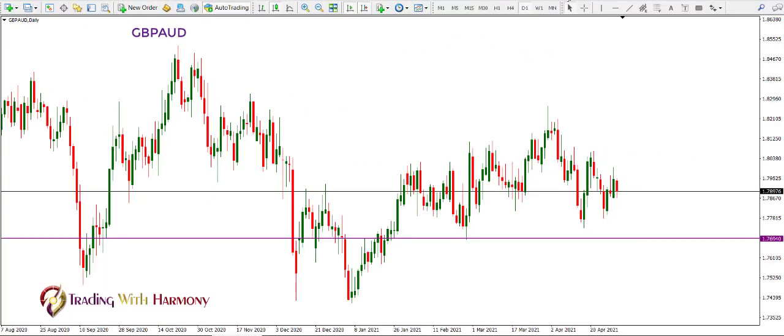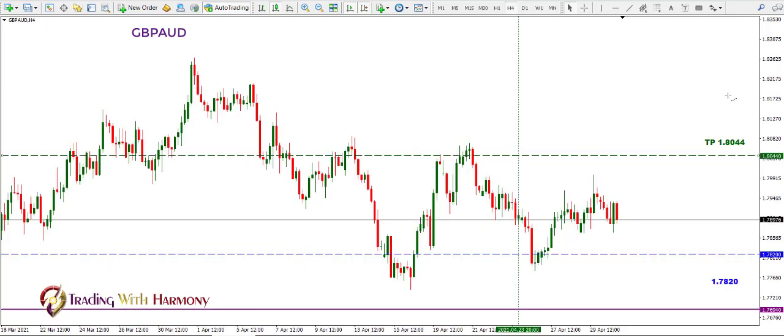Okay then, so the pound Aussie. Pretty much the close of last week, which was here, it shot down, went up, and then pretty much closed again where it closed last week. So let's go into the 4 hour.